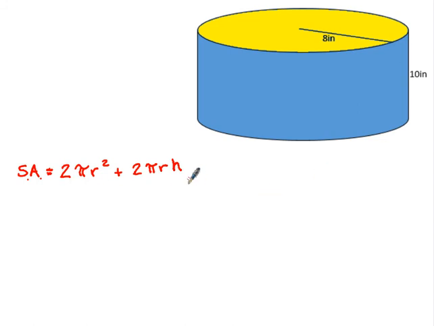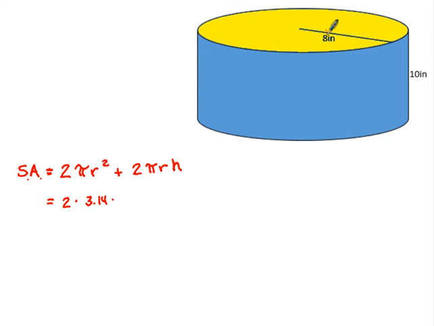So now that we have our equation, all we have to do is take the information provided to us in our diagram here, plug it into our equation, and solve for surface area. So we're going to put in 2 times, instead of pi, let's go ahead and use the numeric value 3.14, times the radius.